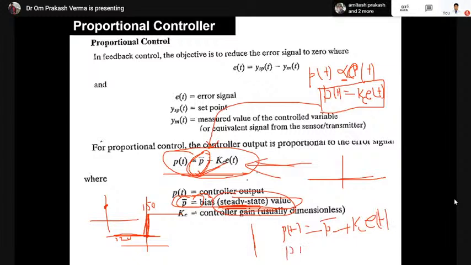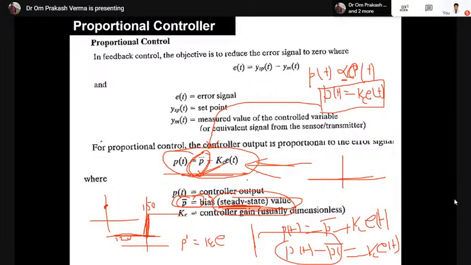But if the bias value is carried to the left hand side, then the equation becomes Pt minus P bar. Let's say this Pt minus P bar is known as P dash, P prime. And P prime becomes Kc into Et.